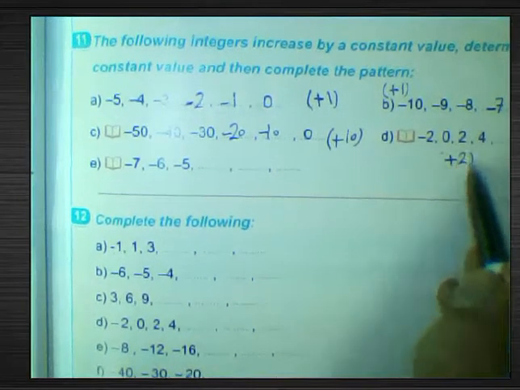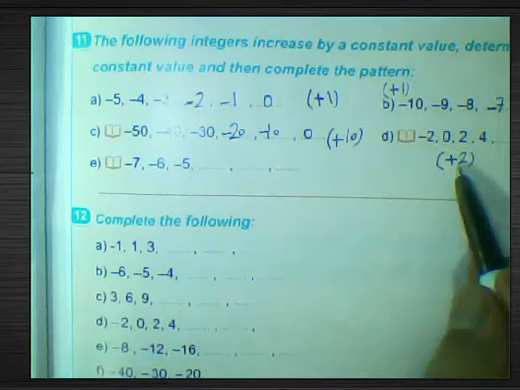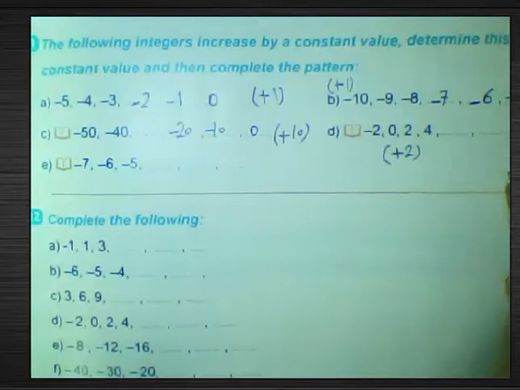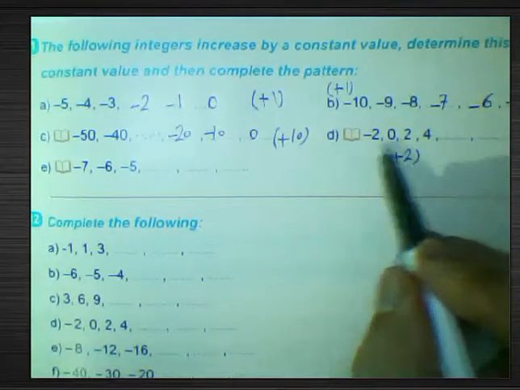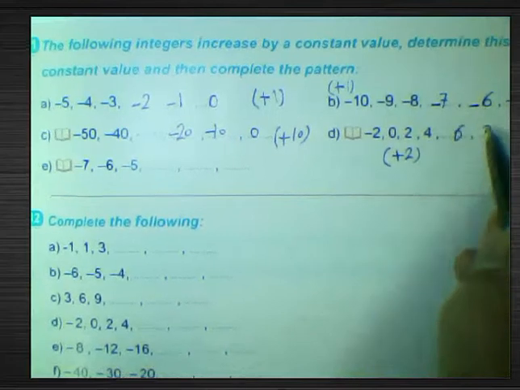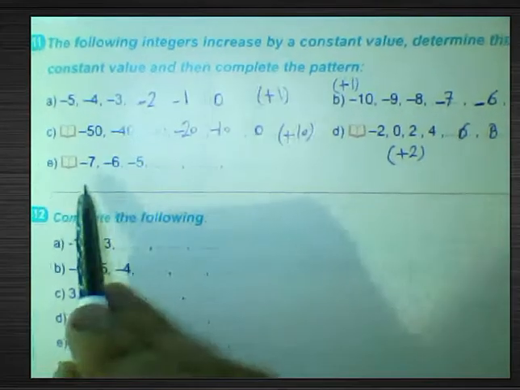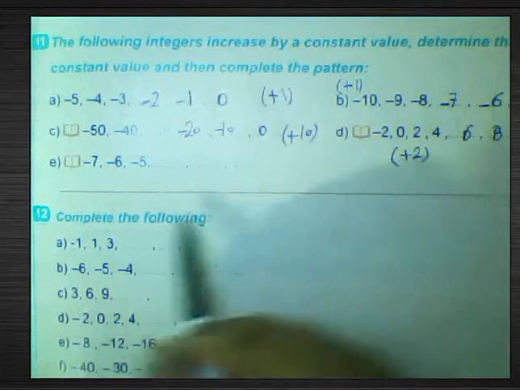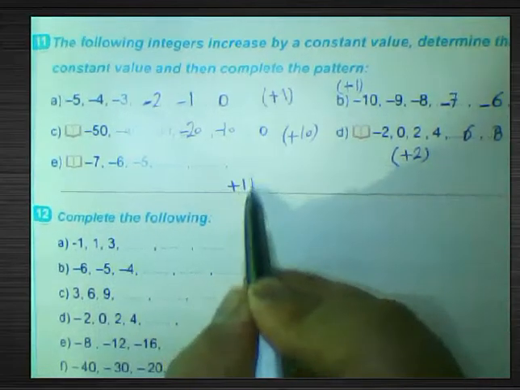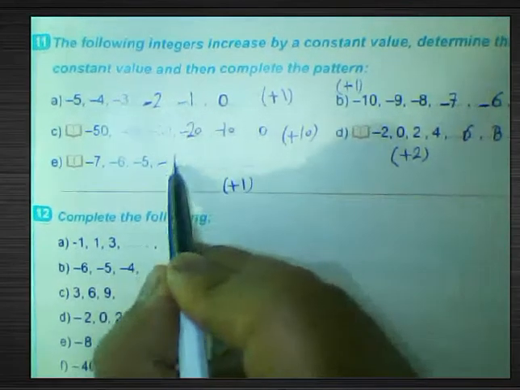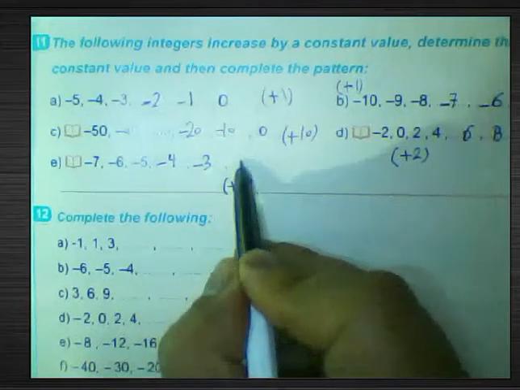The constant value will be +2. He adds 2 in the same pattern. Okay, -2, 0, 2, 4, 6, 8, and 10. -7, -6, -5. He adds 1. The result will be -4, -3, and -2.